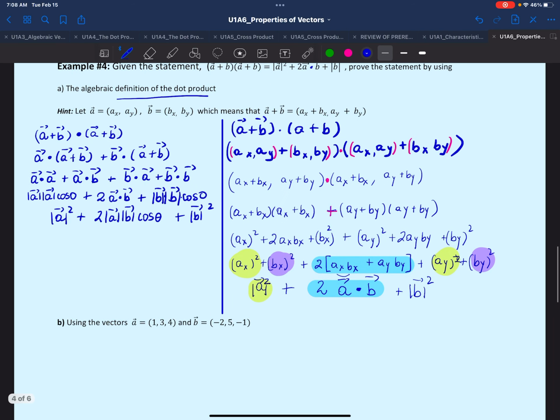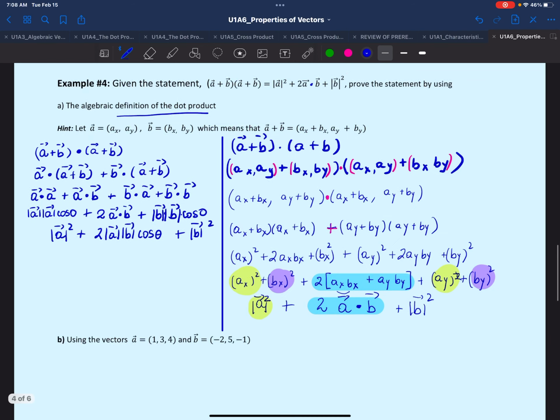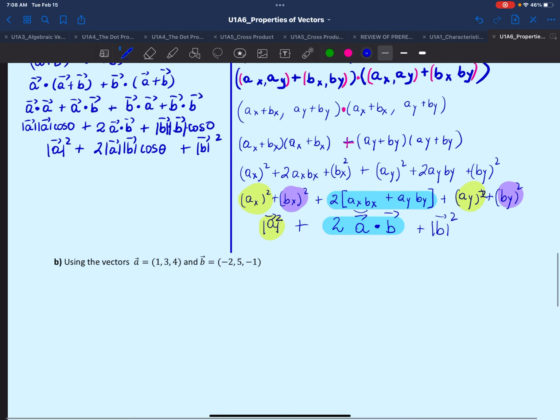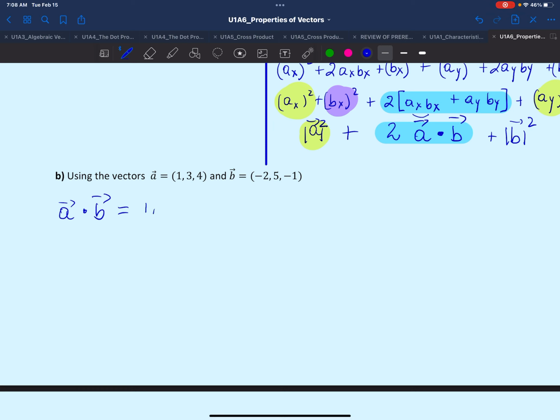Now we're going to use the vectors A and B with the given coordinates to practice the same formula. But now we are in 3D. So you will be dot producting vectors A and B, which means we have 1, 3, and 4 multiplied by -2, 5, and -1.